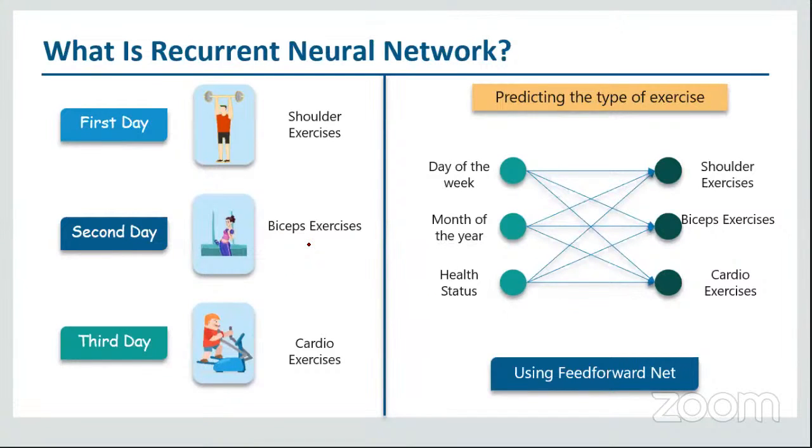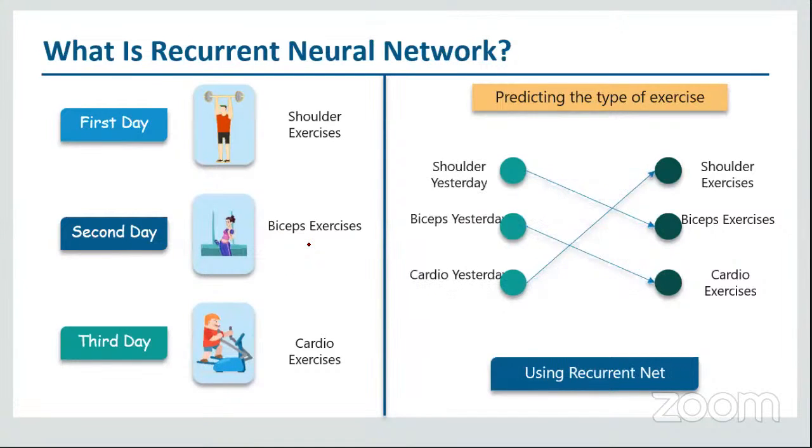Once you happen to see this, this is what we have to get. Shoulder yesterday, basically you have to do bicep the next day. Bicep yesterday, you have to do cardio.